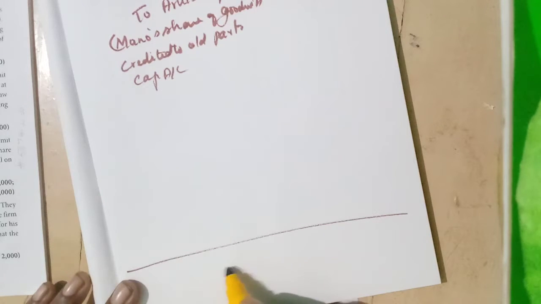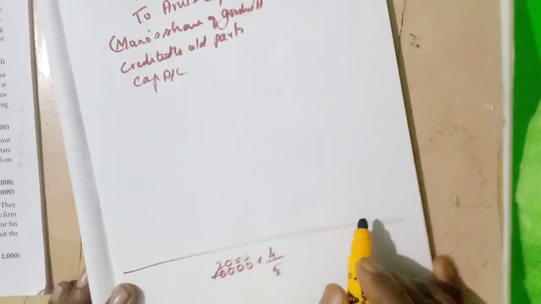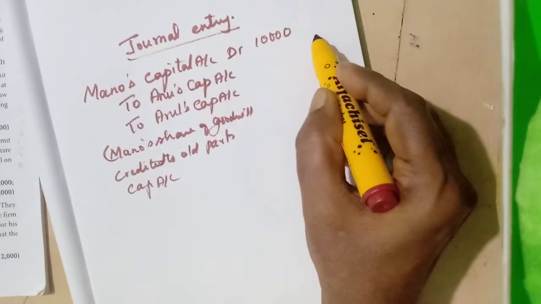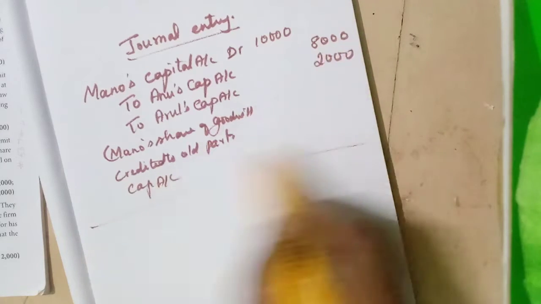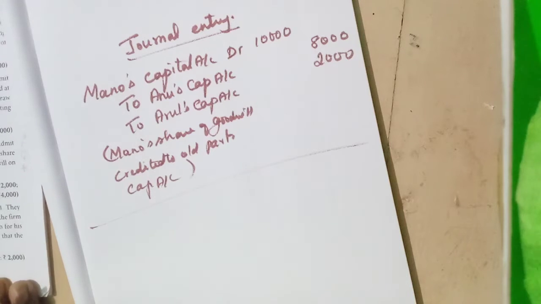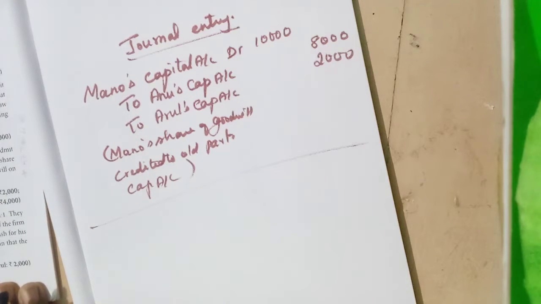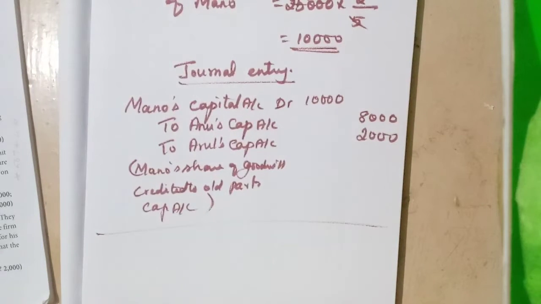Ratio of 4:1. Okay, so 10,000 into 4 by 5, 8,000, and 2,000. That's all. Okay. Only one entry and one calculation. For this one they may give 2 marks. Okay, it's very easy. So you have to do this one. If they have asked, you must be able to do this.